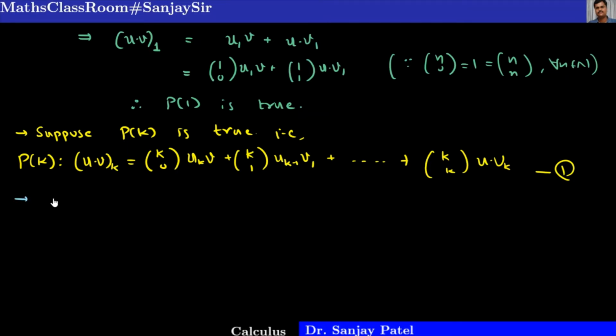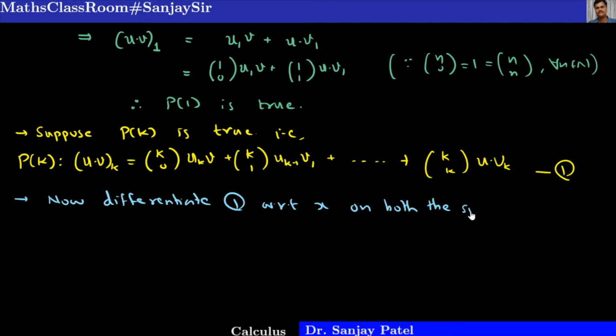So now differentiate result number 1 with respect to x on both the sides. Okay, so what do we get here? This is some function, you can call it say z.